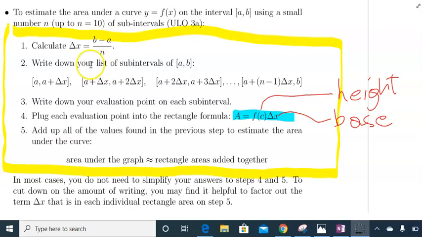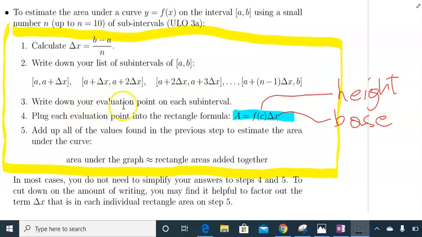Then we want to write a list of subintervals in the interval AB, and they can be listed like a, a plus delta x, a plus 2 delta x, and so on, all the way up to a plus n minus 1 delta x, b.